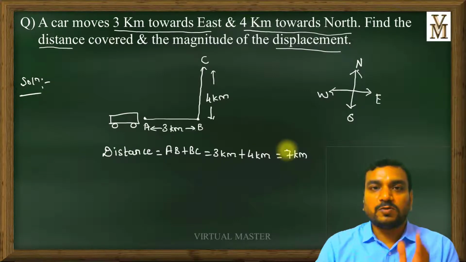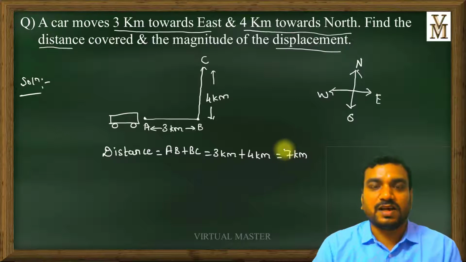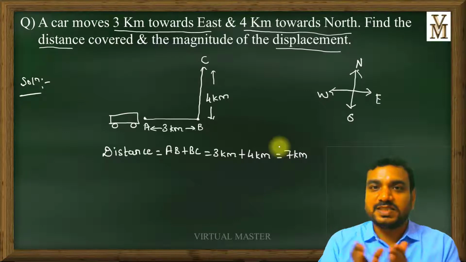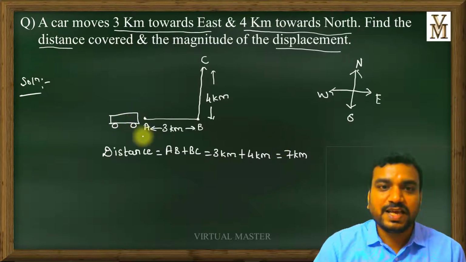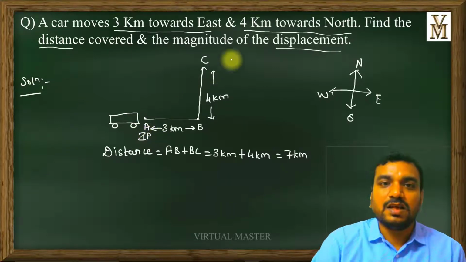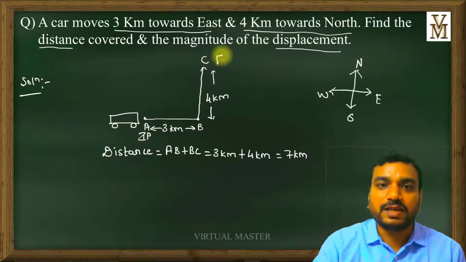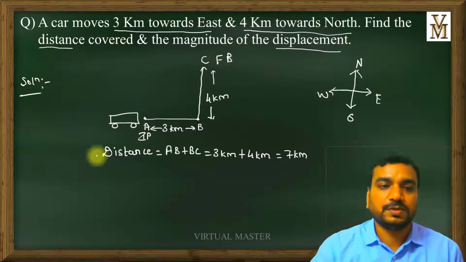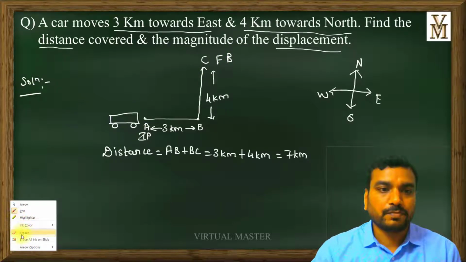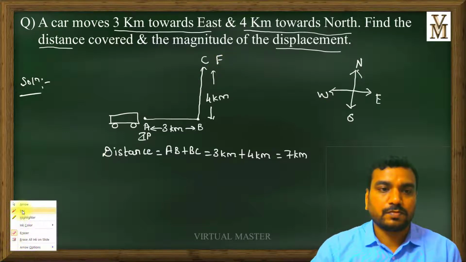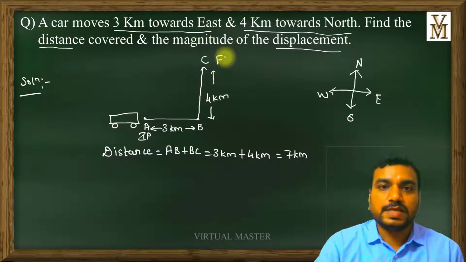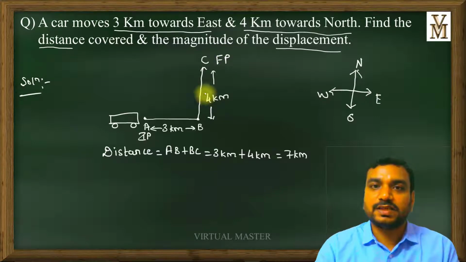Now we have to find the displacement of the car. Displacement is the shortest distance between the initial position and the final position. Here A is the initial position and C is the final position of the car.